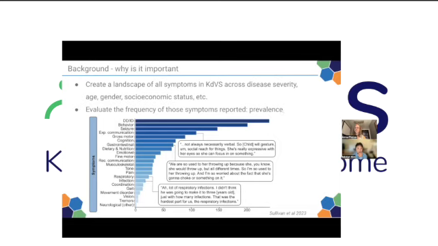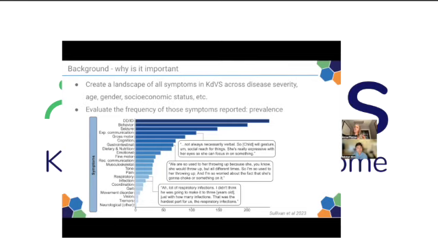Okay, perfect. So this figure has a couple different bits and steps on it, but really, like I said, with conceptual model papers the goal is twofold. Primarily, it is to create this really broad landscape of all of the symptoms in KdVS, Koolen-de Vries syndrome, across the broadest range of disease severity.